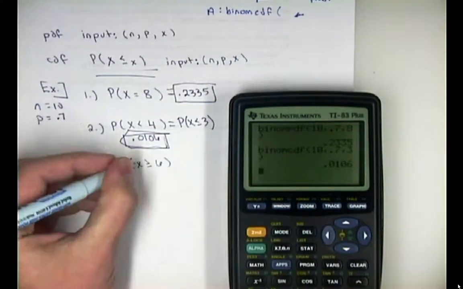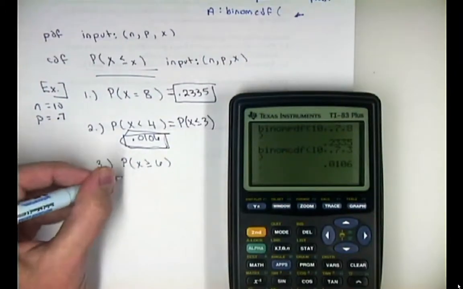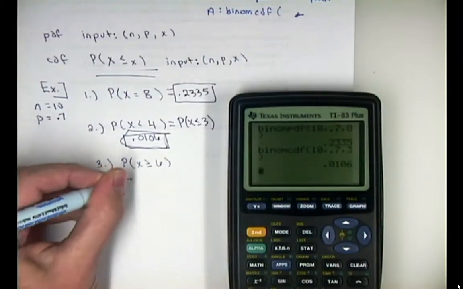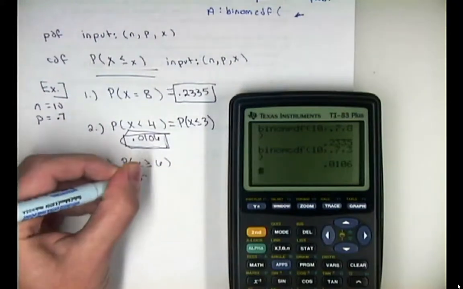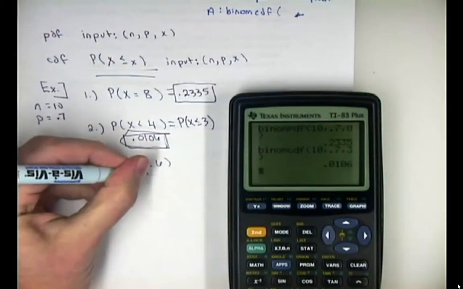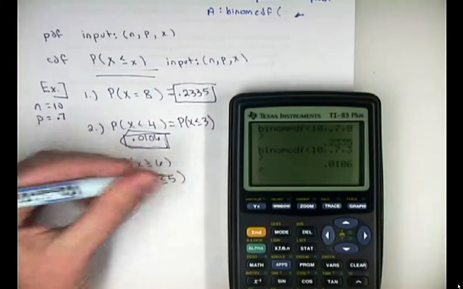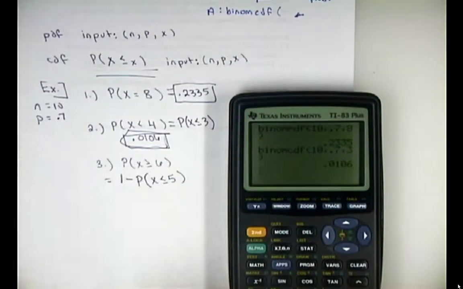Now let's talk about what happens when you have a greater than or equal to statement. Well, you've got to change it into a less than statement. So if you want greater than or equal to 6, you want 1 minus x less than or equal to 5, right? By the complement rule.